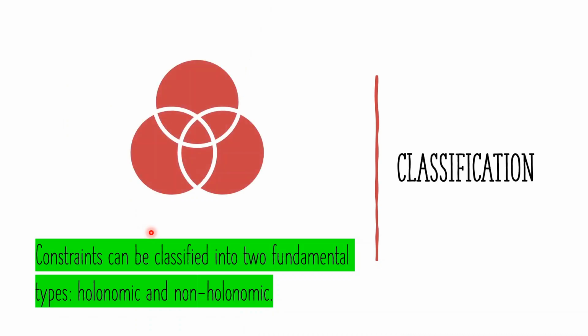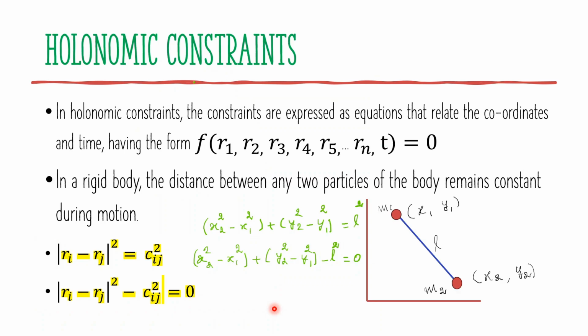Now we may classify the constraints majorly into two categories. One is holonomic and the other is non-holonomic. In holonomic constraints, the constraints are expressed as equations that relate the coordinates and time, having the form f of r1, r2, r3, r4, r5 up to rn, t equal to 0.